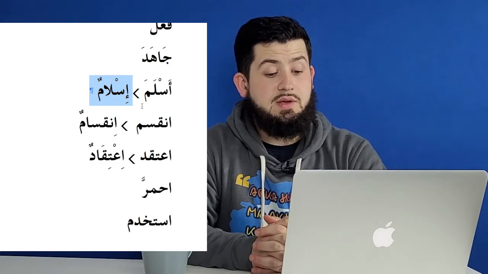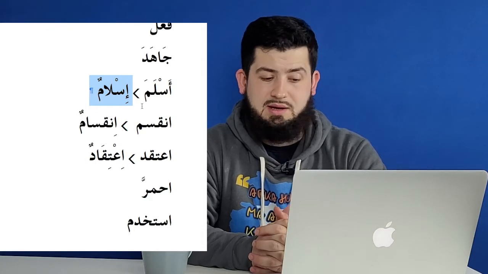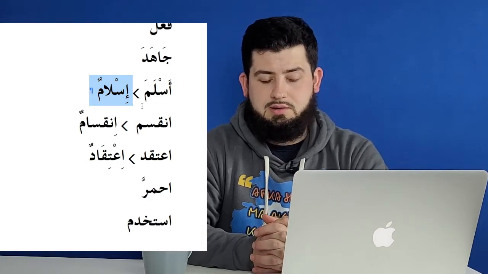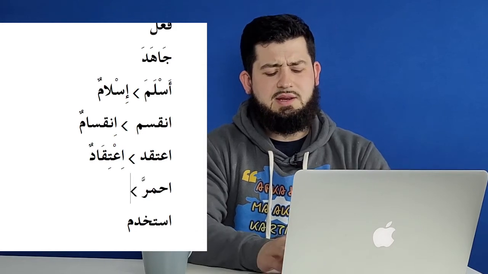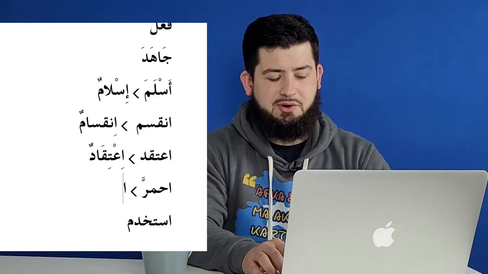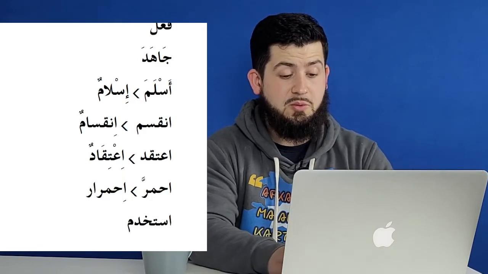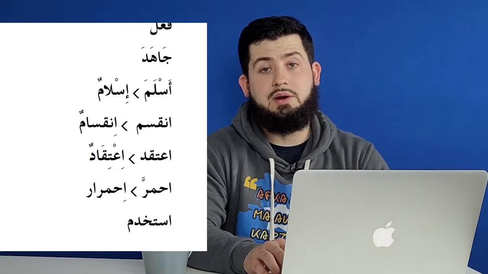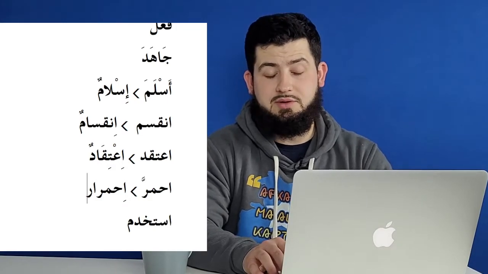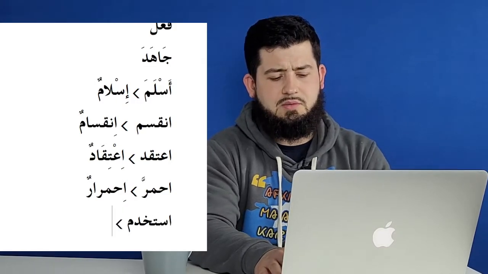Just to finish off these examples, we have inqasama, inqisam, i'taqada, i'tiqad. You don't see the masdar of these form 9 verbs very often. Just from intuition, I haven't seen it used before, but probably ihmirar. Probably we'd split up the double ra at the end, ihmirarun. But those form 9 verbs are so rare.